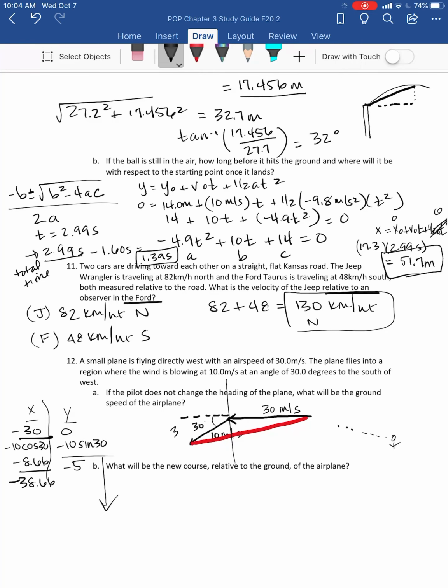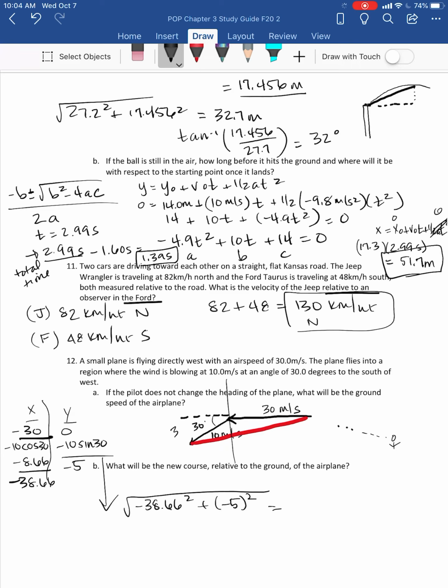So you've got to do your Pythagorean theorem. So you've got 38.66 squared plus 5 squared.